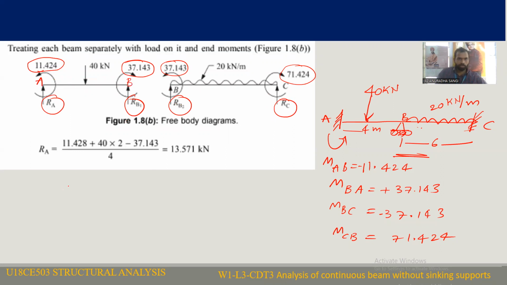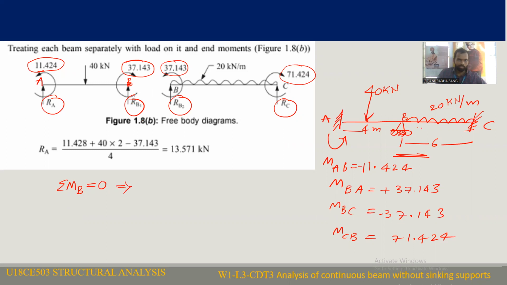I want to take moment about B, summation of moments at B equal to 0. If you do the summation of moments at B equal to 0, then RB1 effect will be 0.